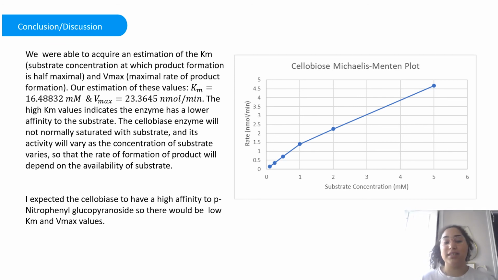I expected there to be a high affinity to p-nitrophenyl glucopyranoside, but that's not the case. Hopefully, what occurred is that p-nitrophenyl glucopyranoside, the substrate analog, makes it so there's a lower affinity.